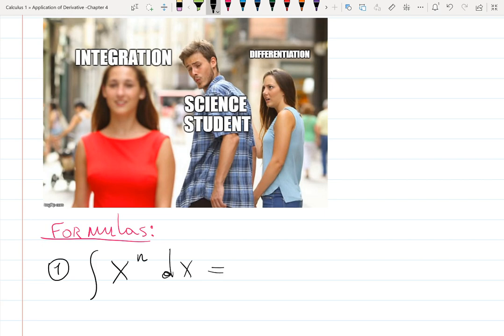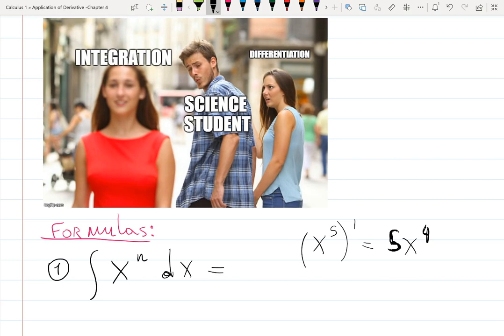Okay, let's think about it. When we had the derivative of x to the 5, that was 5x to the 4, right? So what we did is we first multiplied by the exponent 5 and then decreased the exponent by 1.